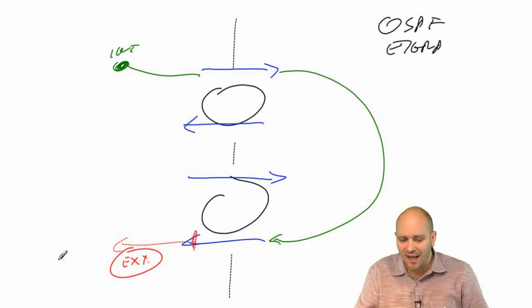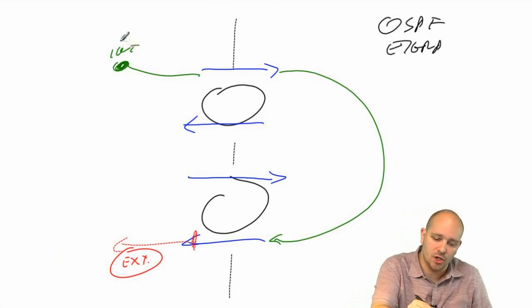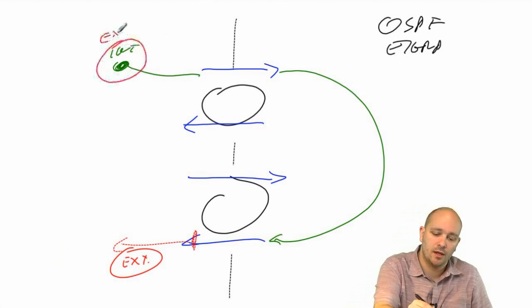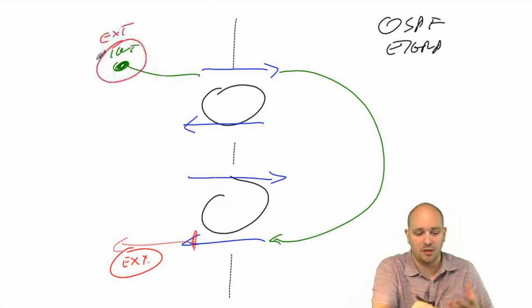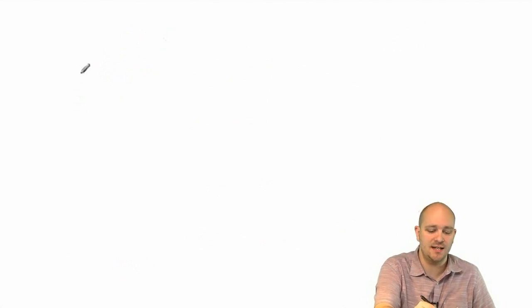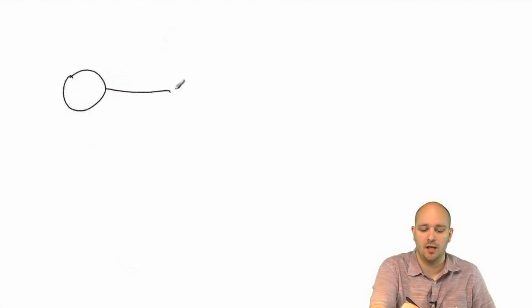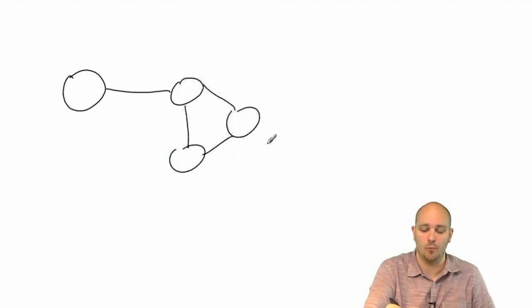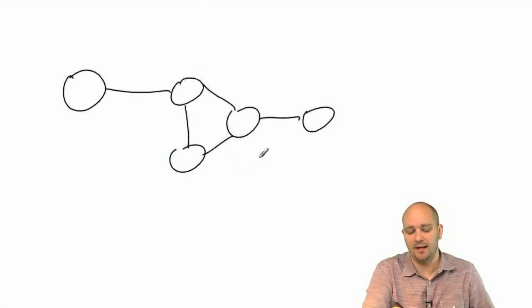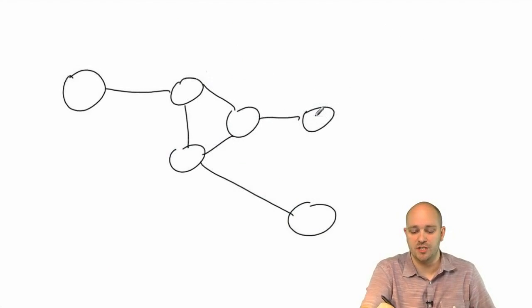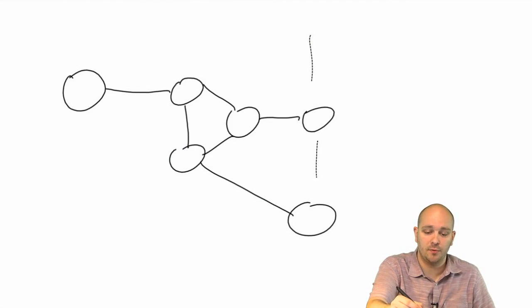Well, unless this route here, to begin with, was an external route. Let me give you a scenario for that. Let's say that we had a router here that is connected to some internal network somewhere, and that these two routers here are our redistribution points. And let's say that here between these routers we were running EIGRP.